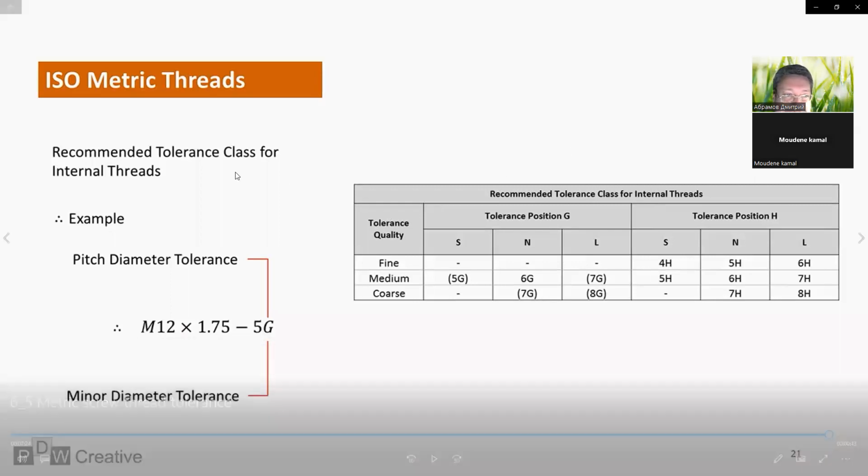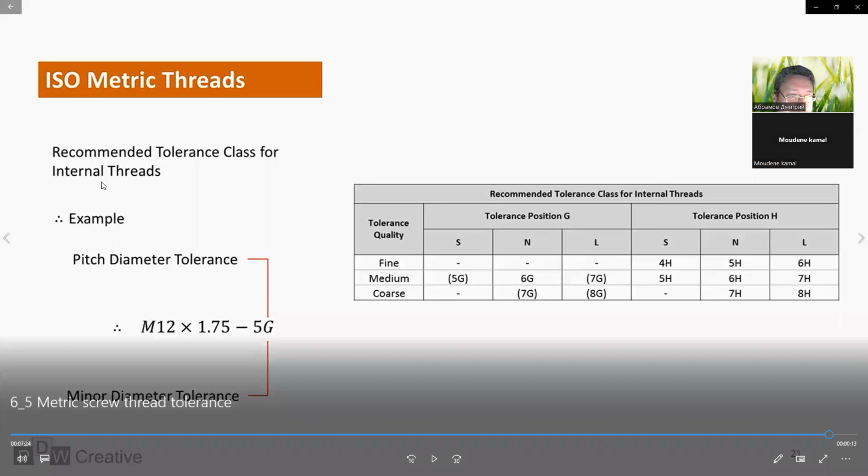Please write down in your notes this recommendation for the internal threads of the nuts.